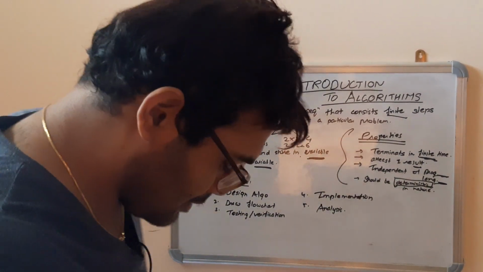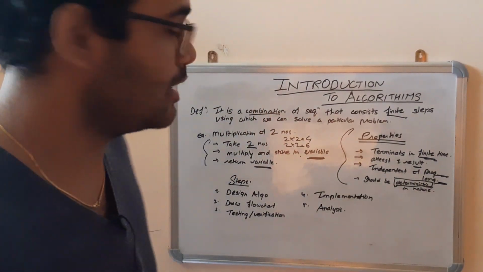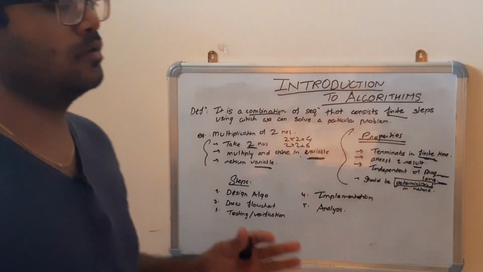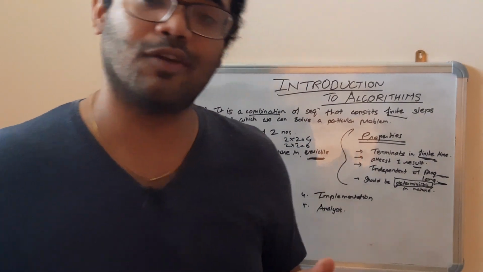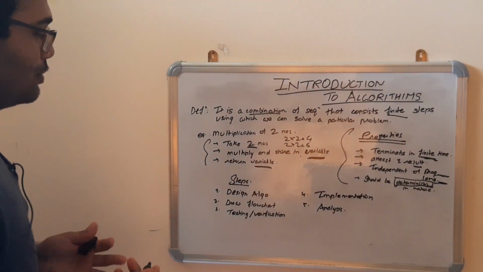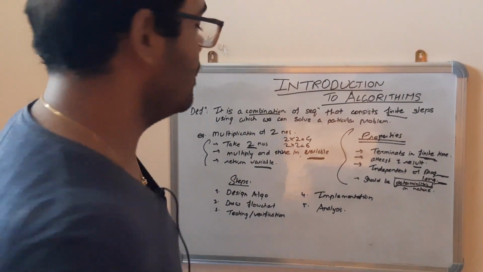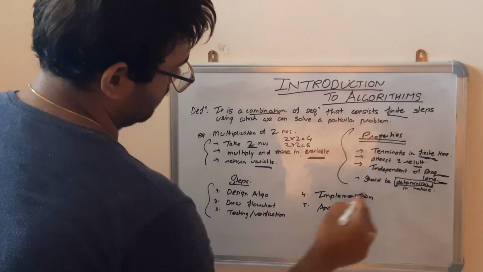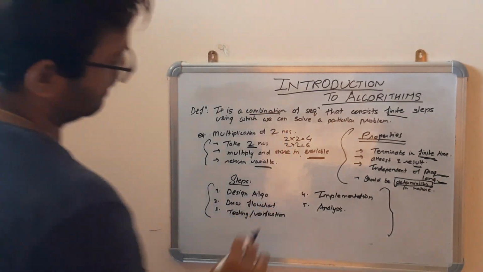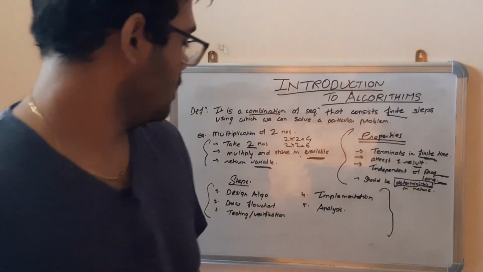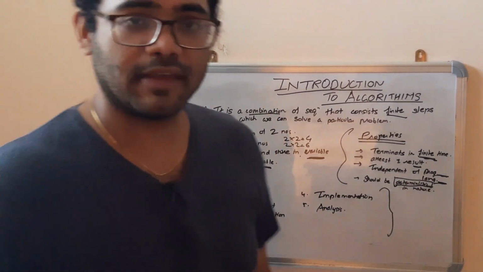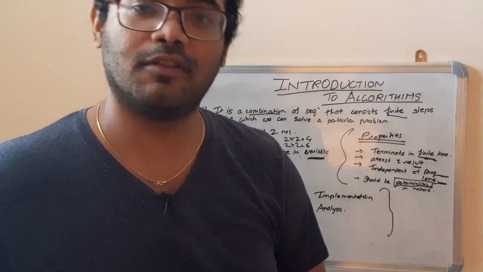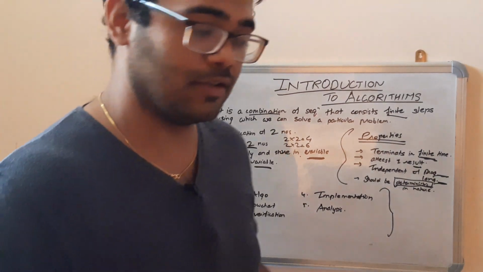Now, what are the different steps that we have to perform in order to have a proper solution in front of us whenever we are trying to solve a problem using algorithms? Basically, these are the 5 steps. First is to design an algorithm. When you look at a problem, we have to come up with an algorithm that is suitable for that solution.